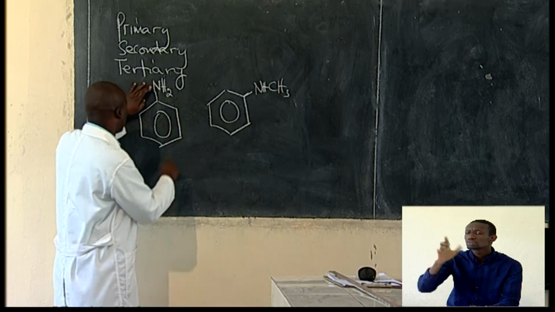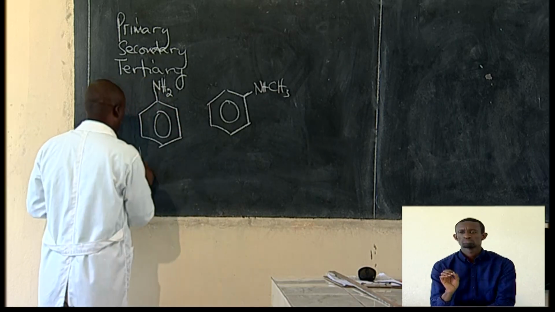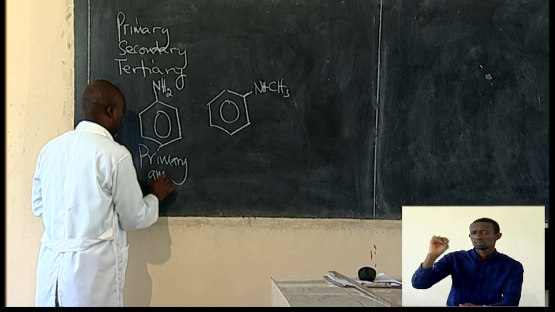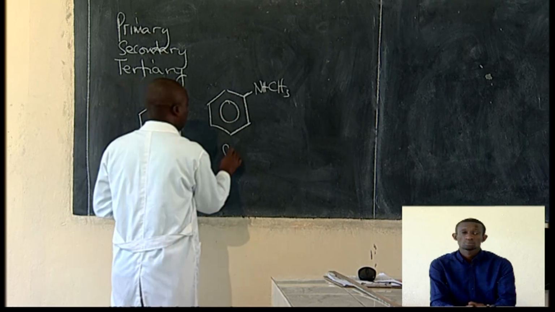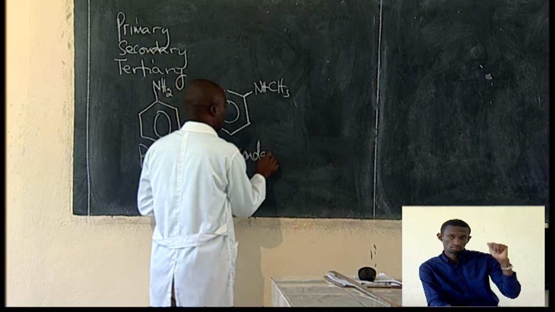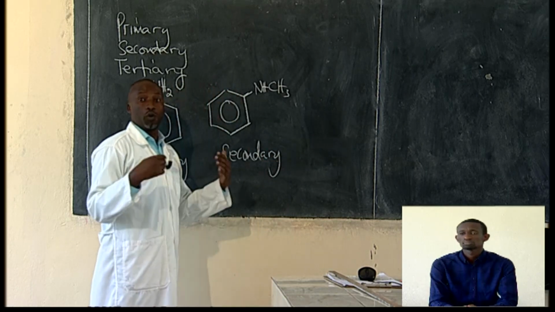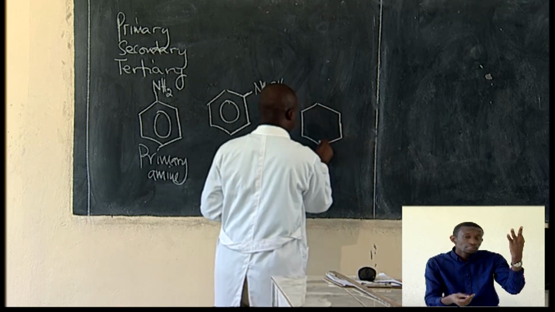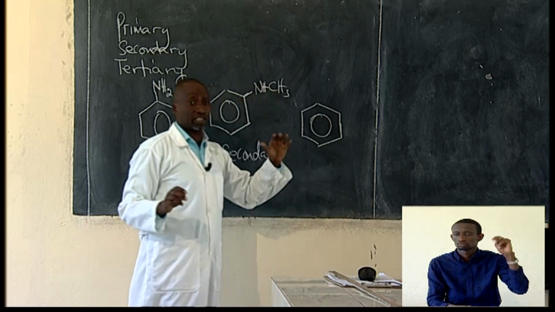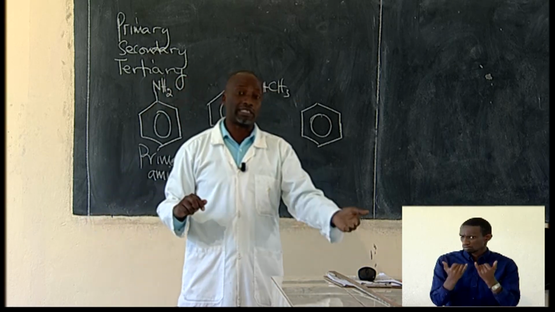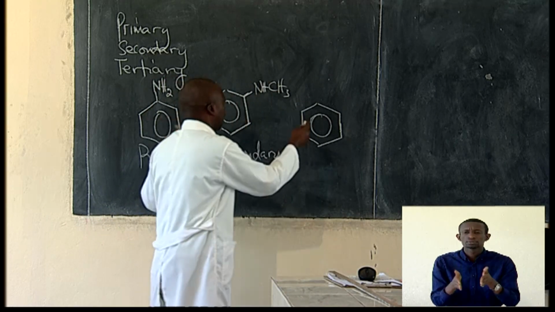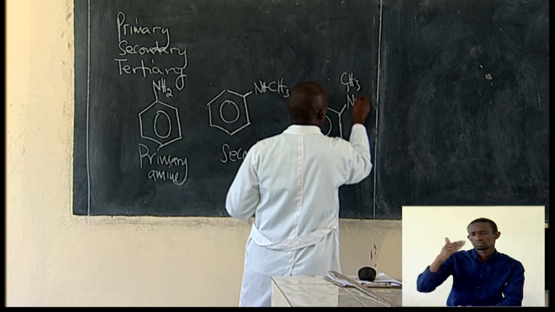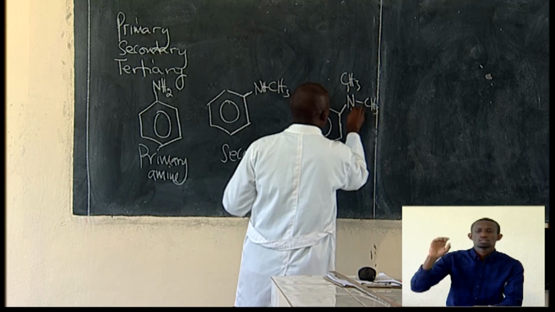So when you look at this one, it behaves as a primary amine, and this one will be a secondary amine. This is a secondary amine, and we may have even a tertiary amine, but what we are emphasizing on is the aromatic ring, not the other one. So you may have N with CH3, CH3.